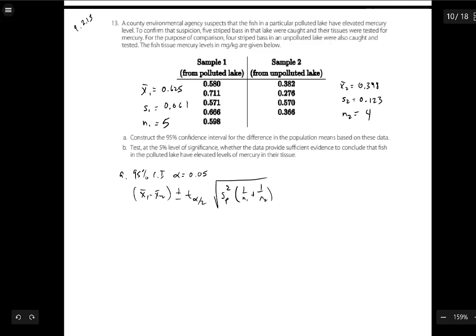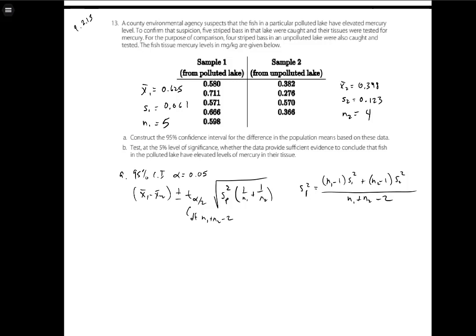Sp squared is this weighted term: the first sample size minus 1 times the first sample deviation squared, plus the second sample size minus 1 times the second sample deviation squared, all over the sum of the 2 sample sizes minus 2. This also lets us know that this t-distribution has degrees of freedom n1 plus n2 minus 2. That's where we're starting.